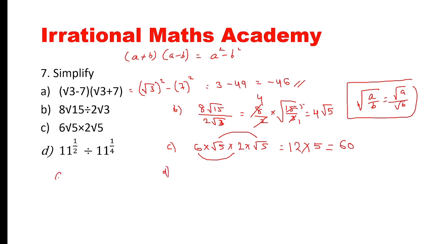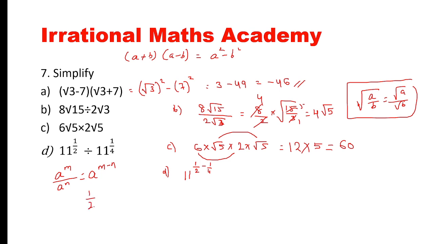Next one, D. If you remember one formula, A power M by A power N, what will we get? A power M minus N. So this power is M, this power is N. So what I'll do is 11 power 1 by 2 minus 1 by 4. Now I want to solve this separately.